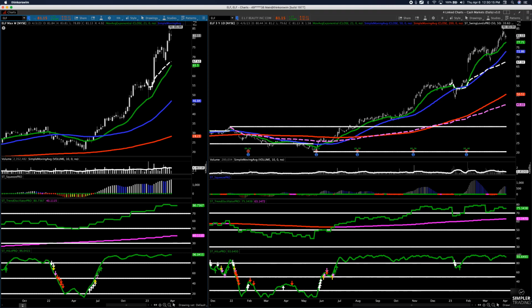Slow stochastic, 21 period. For trending indicators, you can use a MACD. You can use an RSI. You can use a CCI, Commodity Channel Index. If you're looking for one to just start off with, I would probably suggest a MACD, just because it's very simple, and then you can build out from there.